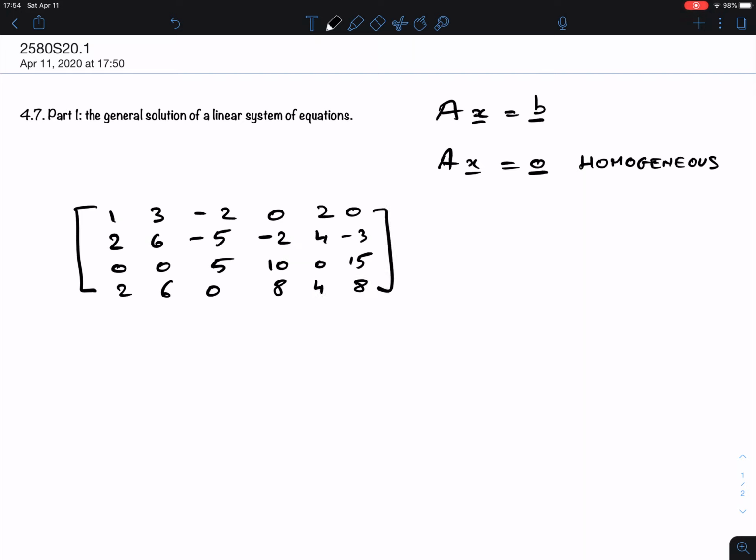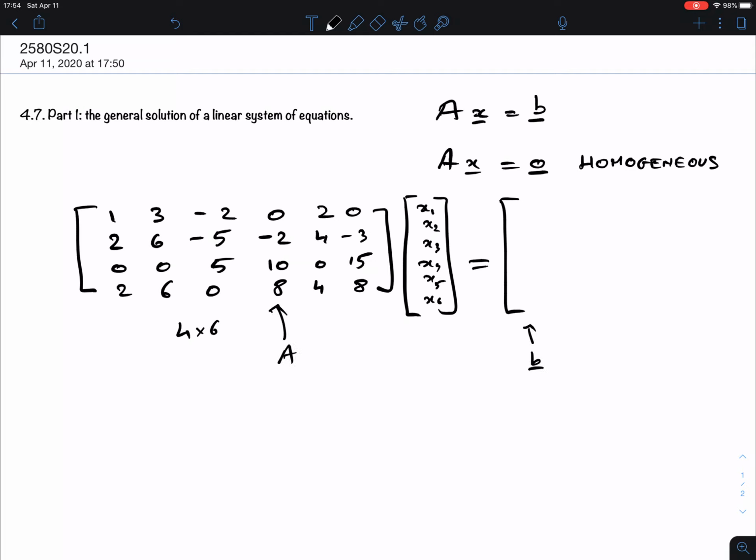This is a 4 by 6 matrix, so we're going to have 6 variables: x1, x2, x3, x4, x5, x6. And our constants, the b here, where this is our A, will be 0, -1, 5, 6.